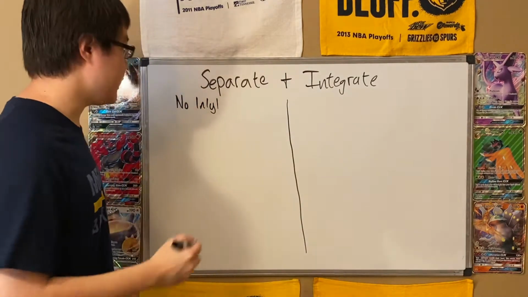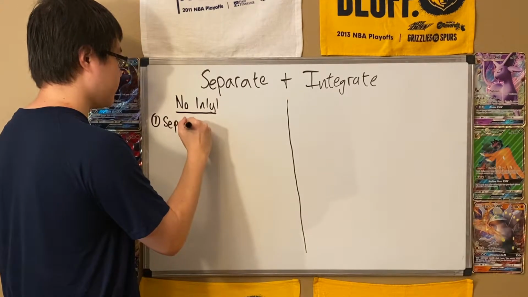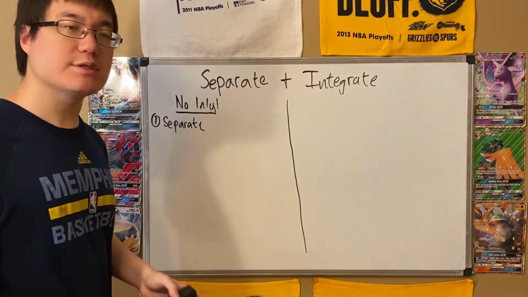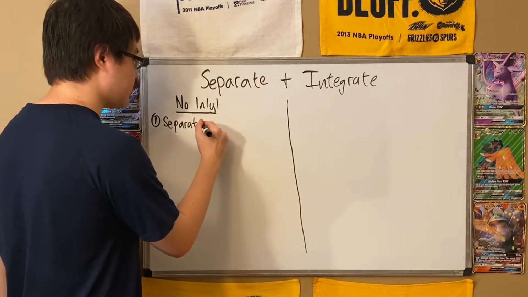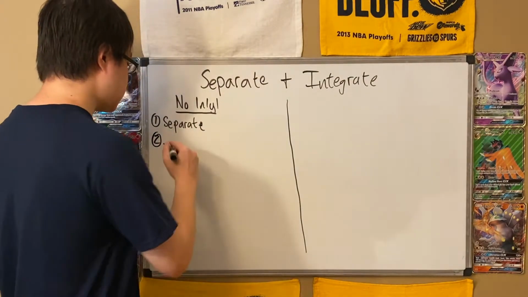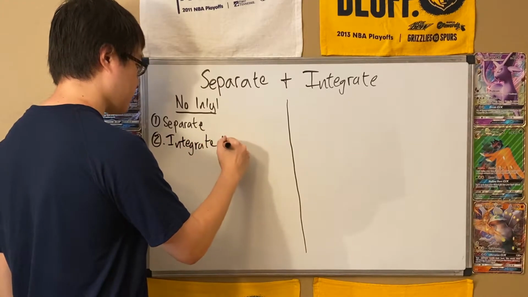So what you do in this case is you first separate, and we're going to give tips on how to do each of these steps throughout the video, but you separate into two variables. Usually this is through cross multiplying and cross dividing. The second thing you're going to do is integrate both sides separately.